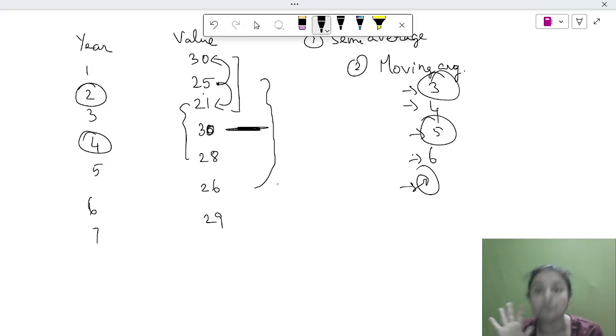If they are asking 5-year moving average, you need to take the given year as the middle year, 2 years before, 2 years after. So 3-year moving average means take the 3 values divided by 3. 5-year moving average means take the 5 values divided by 5. Clear? Is the odd moving averages clear?